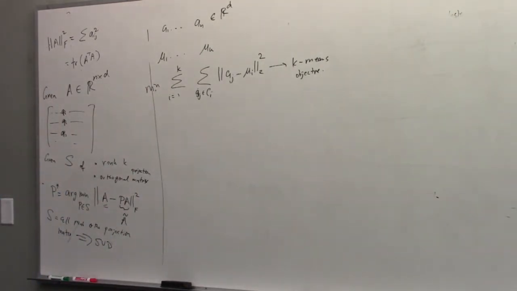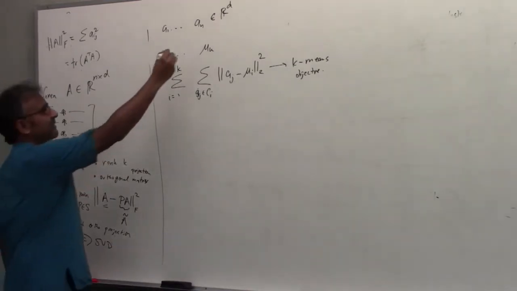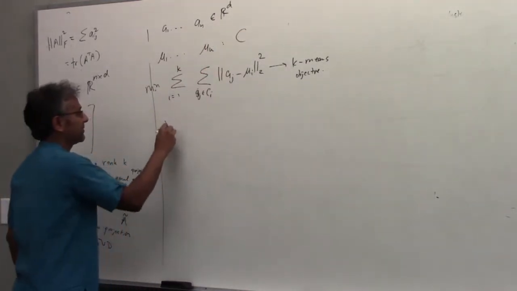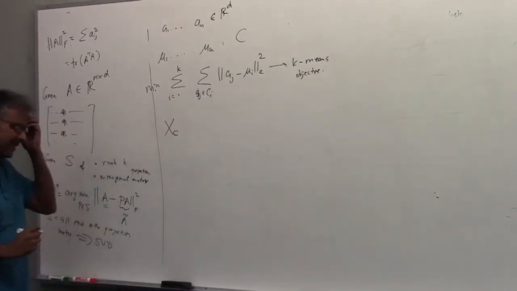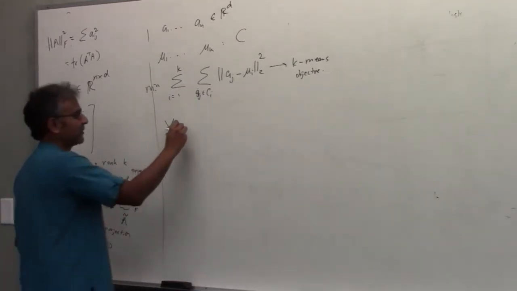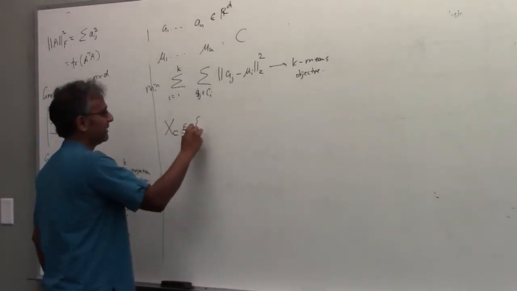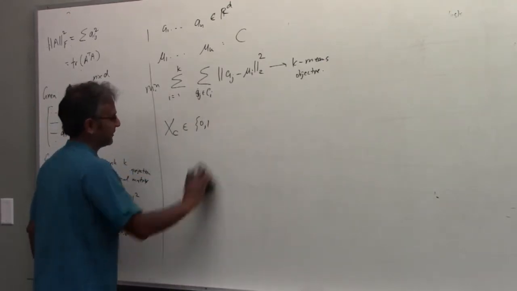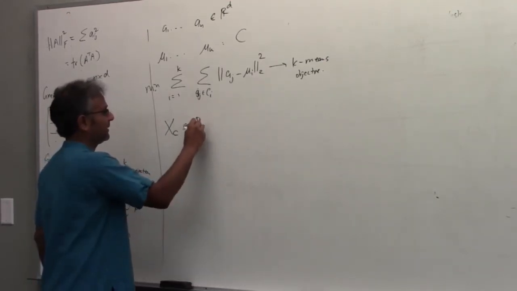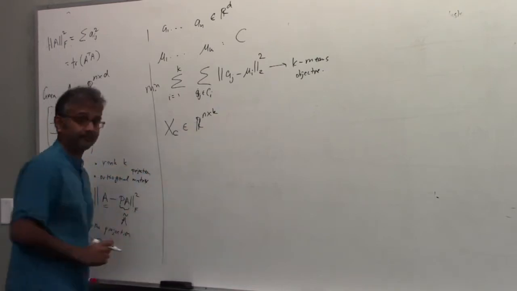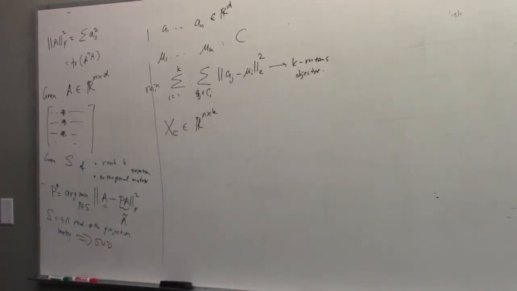Now, here's the cool trick. Let's construct a matrix. Let's say this is some clustering, and let's construct a matrix XC, a cluster indicator matrix in R^(n by k). It's the obvious thing.